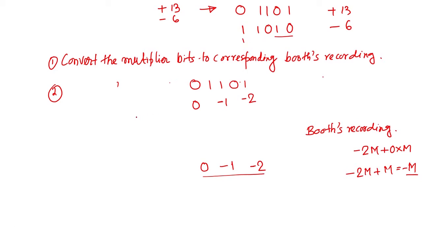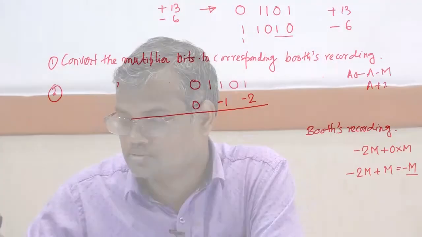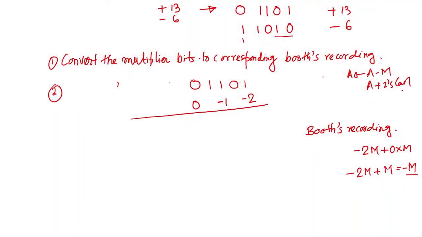Okay. Now, we will multiply here. As I said earlier, A equal to A minus m is nothing but A plus the 2's complement of m. So, this is minus 1, as I said, that is 2's complement. Minus 2 is nothing but multiplied with 2. Okay. So, therefore, what we have to do?